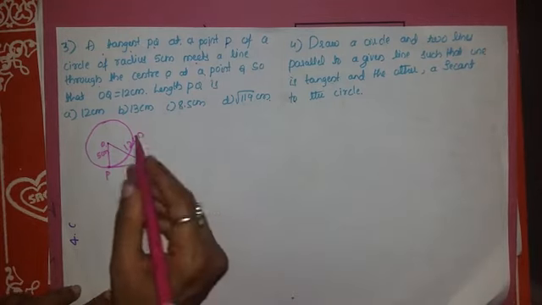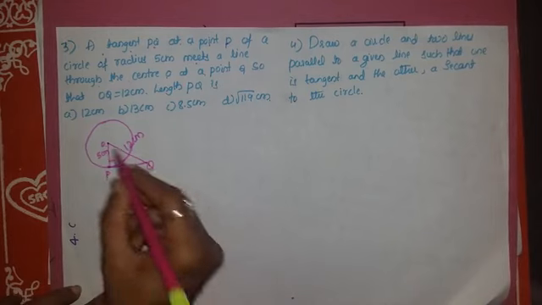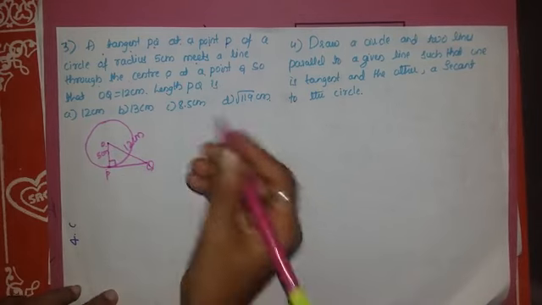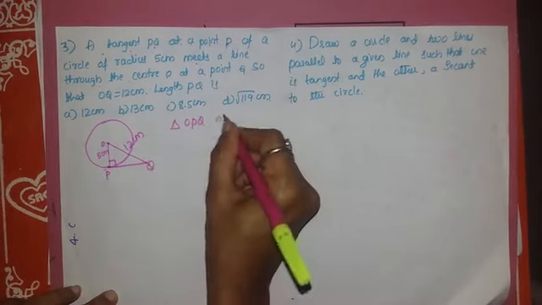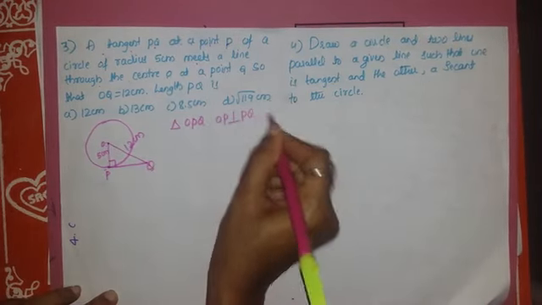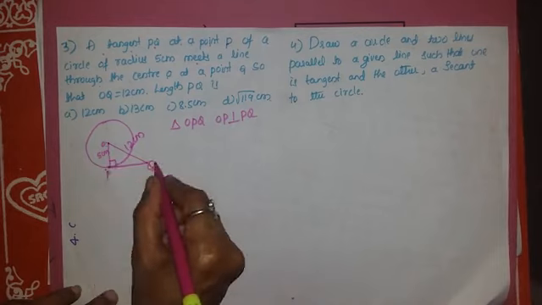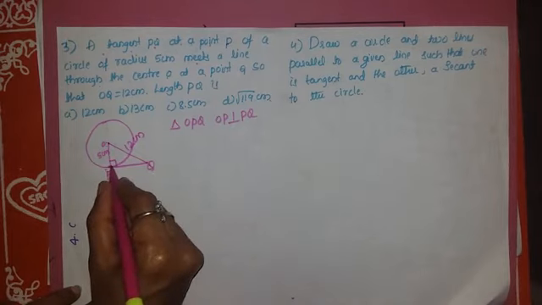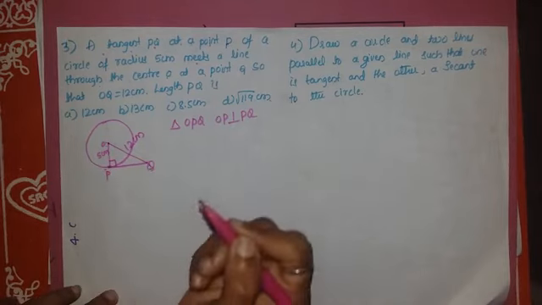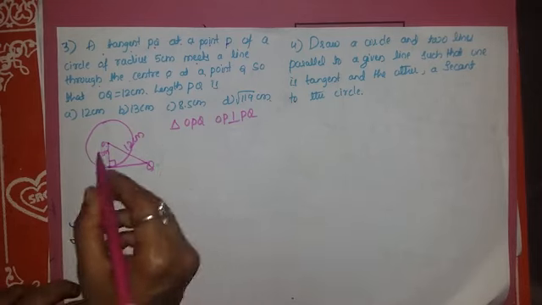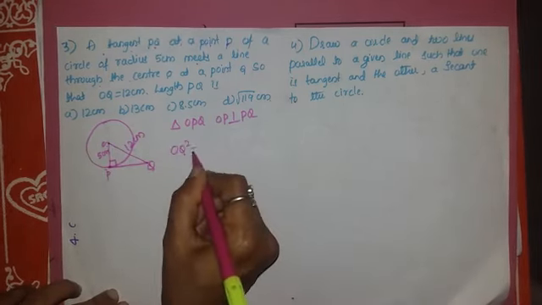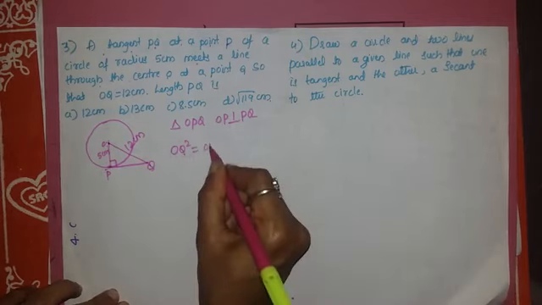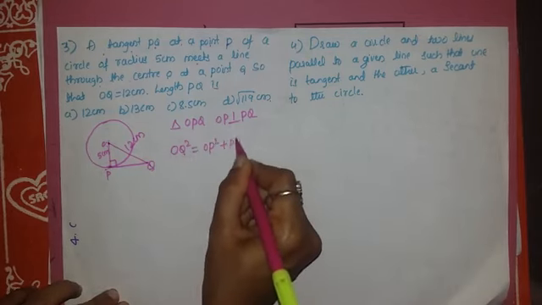Here we know this is 90 degrees because OP is perpendicular to PQ. In triangle OPQ, OP is perpendicular to PQ, since the radius and tangent are perpendicular at the point of contact. So we need to apply Pythagoras: OQ square equals OP square plus PQ square.